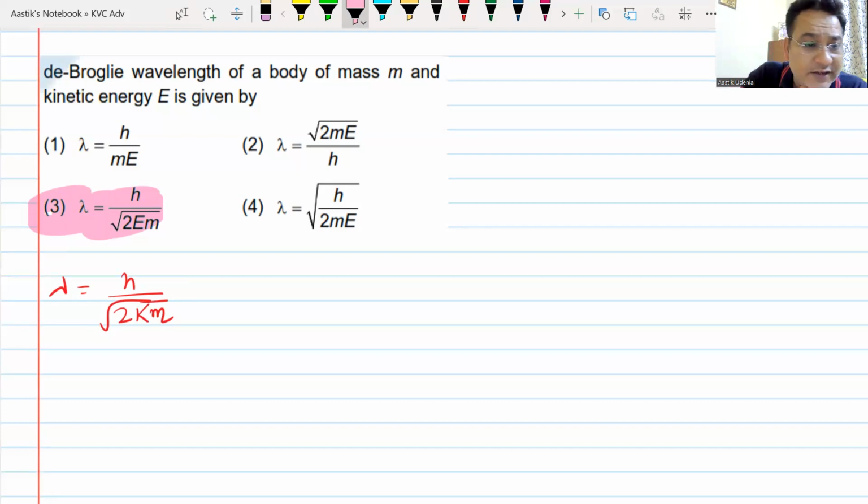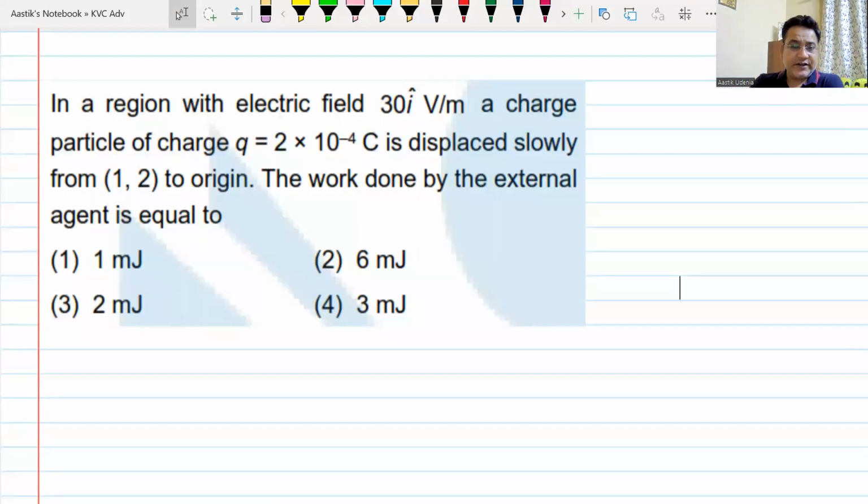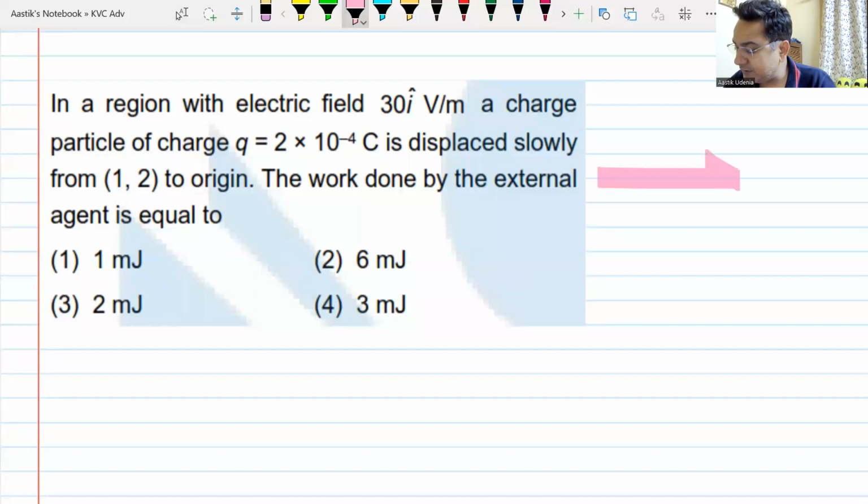This is the next one in line. In a region of electric field, a charge is placed from here to here. What is the work done by the external agent? Here the electric field is in this direction.